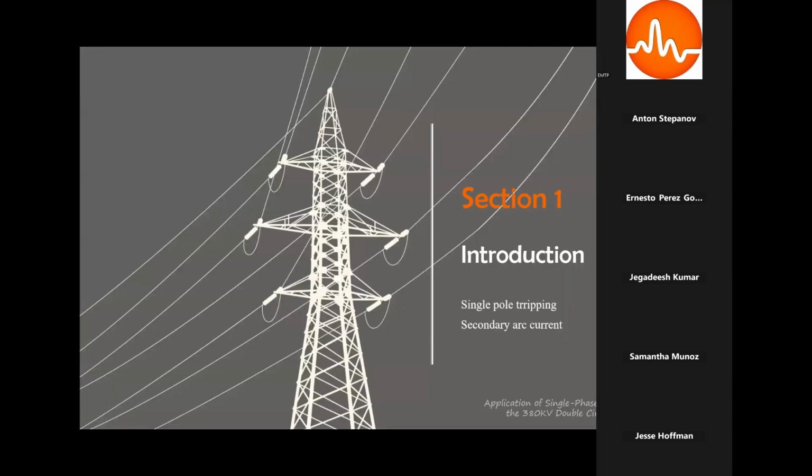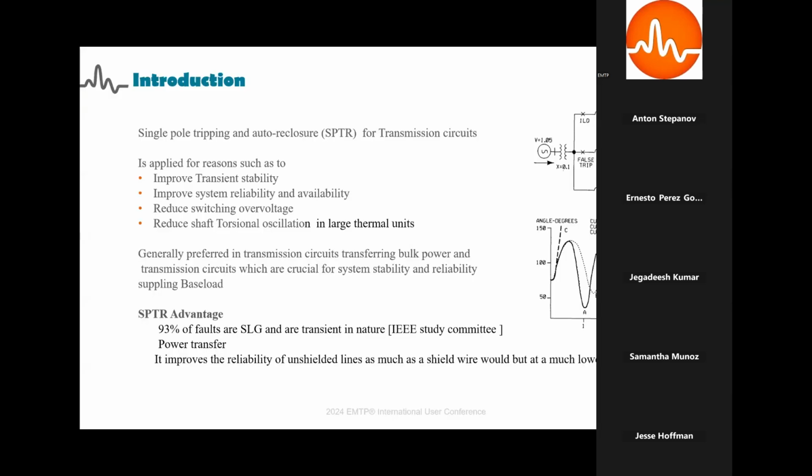Here, in the introduction, let's understand what single pole tripping is. Why do we apply single pole tripping? The main objective is to improve system stability. In addition to that, it can also be used to reduce switching overvoltage in places.